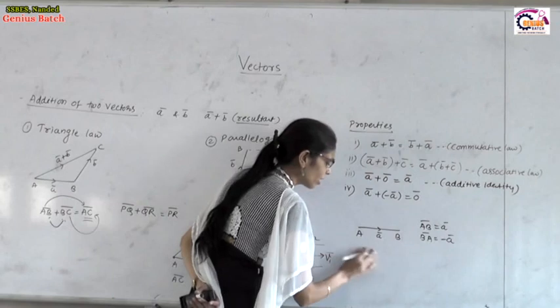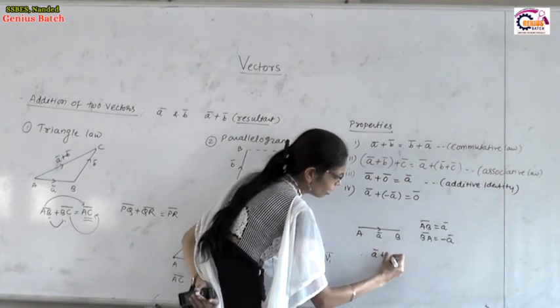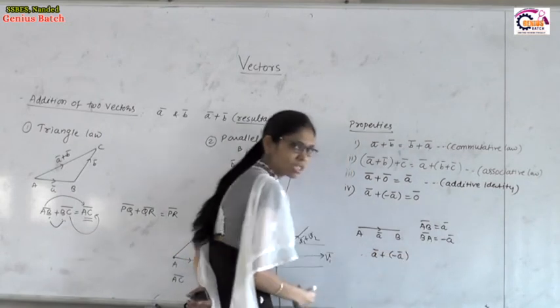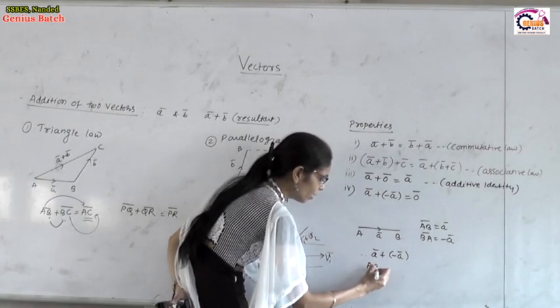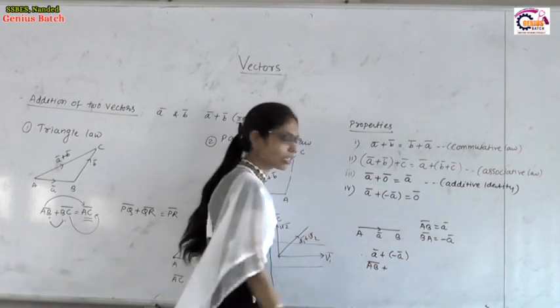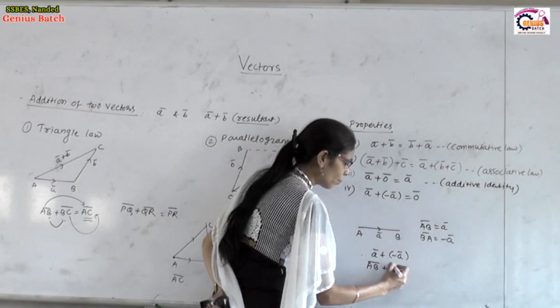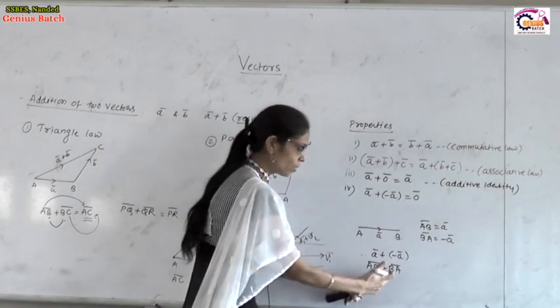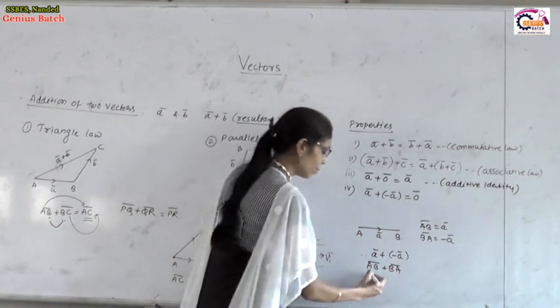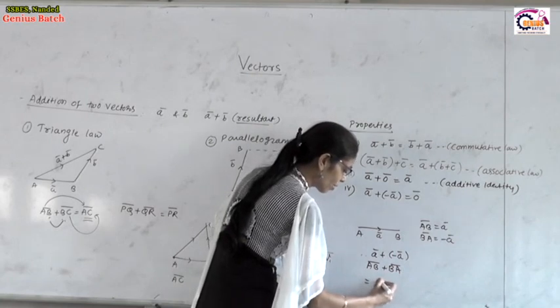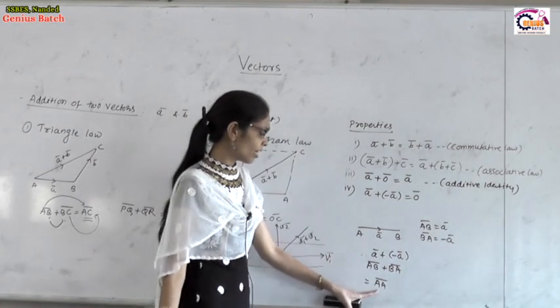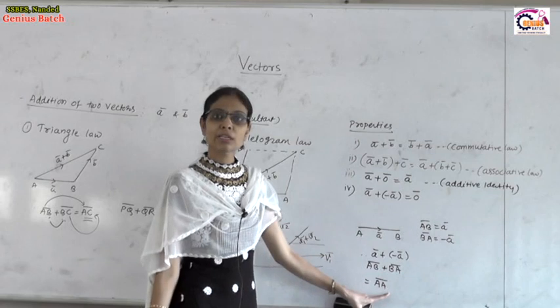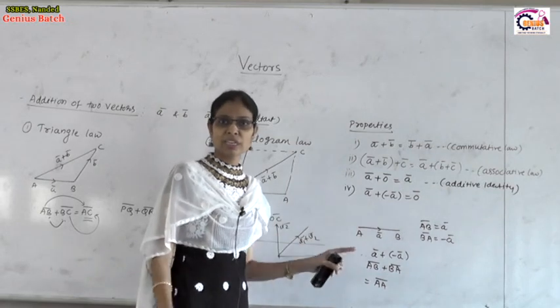Let us add these two. I am adding vector A plus minus vector A. Vector A is AB, and minus vector A is BA. By triangle law of vector addition, B is common, so you can write AB plus BA as AA. Now what you are observing here is that the initial point and terminal point of this vector are the same.